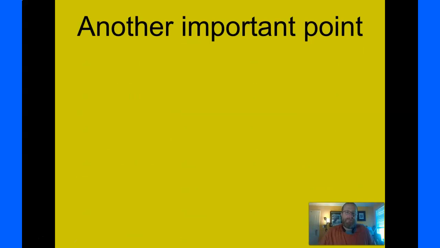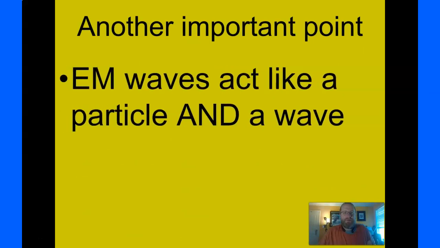Another important point. Electromagnetic waves act like a particle and a wave. So they follow all the rules of waves: diffraction, refraction, reflection, they behave like waves. But they also affect matter. Remember, transverse waves and compressional waves go through matter.